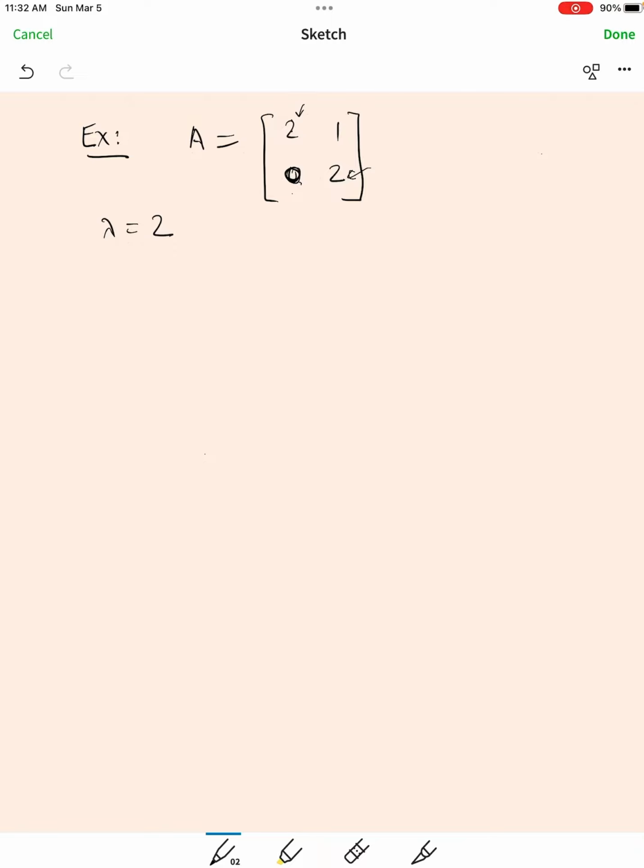And now let's look at the eigenvectors. Well, okay, so we need A minus 2I. And that's going to equal 0, 1, 0, 0.